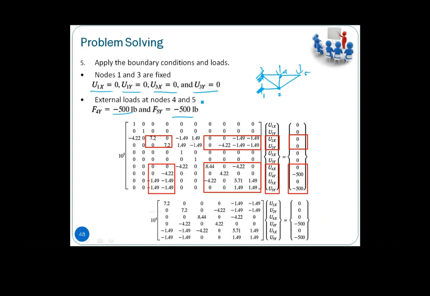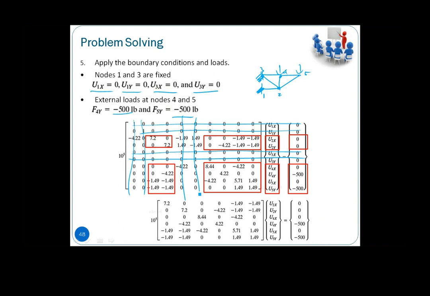All right. So after we have inserted the boundary and loads, our global stiffness matrix can be further reduced before being sent for solution. Node 1 and node 3 have 0 displacement, so 1x and 1y can be ignored, and 3x and 3y can be ignored.